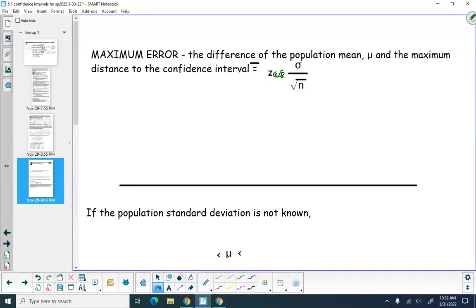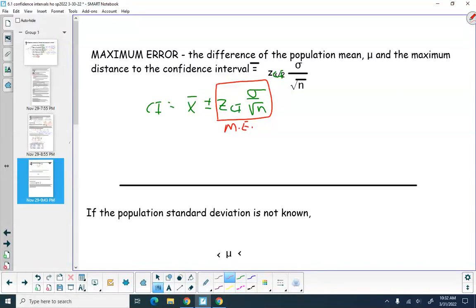The maximum error. How we calculate, once again, the confidence interval is your x bar plus or minus a z for the confidence interval, standard deviation divided by square root of n. This quantity right here is your maximum error. So this error that you have is this right here.